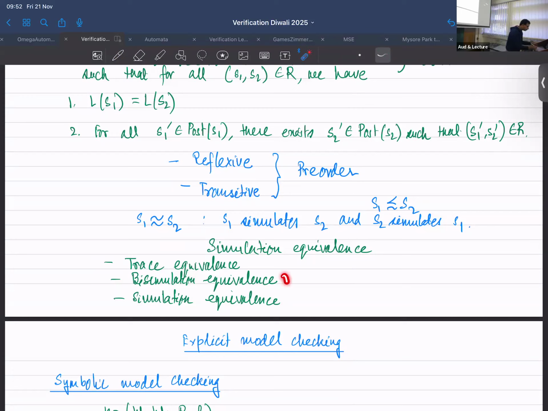What about these two? If two structures are bisimilar, then they're also simulation equivalent.